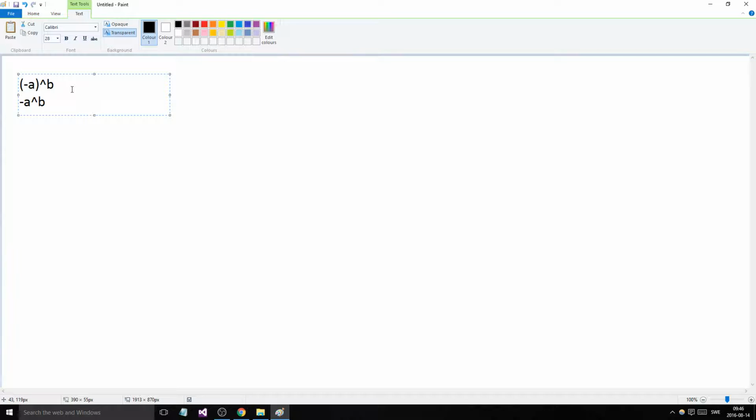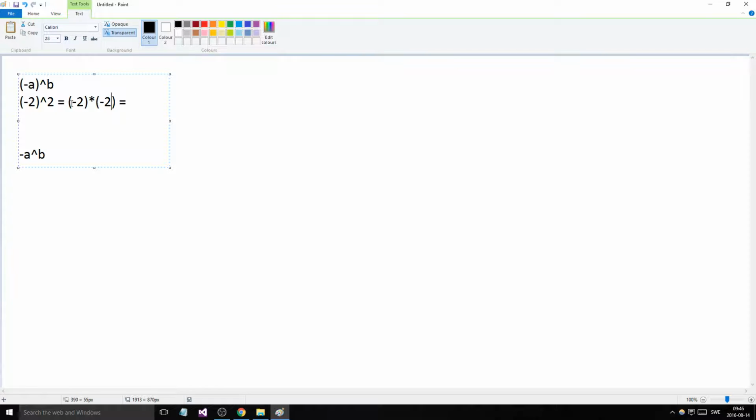Let's go through some examples. Let's say we have (-2) to the power of 2. What does this mean? Any exponentiation is just a chain of multiplications, so you can rewrite this as -2 multiplied by -2. What did we say about two negatives being multiplied by one another?